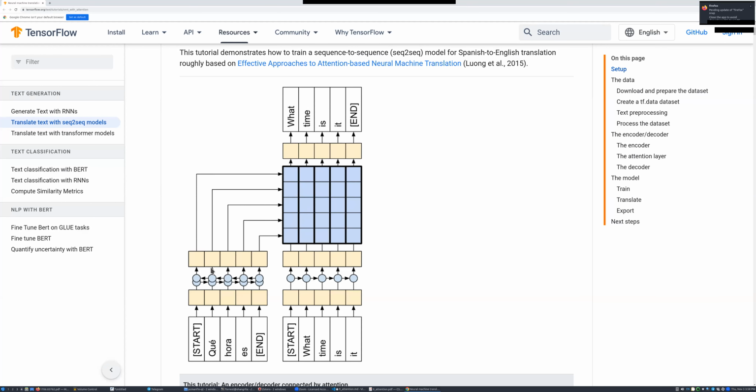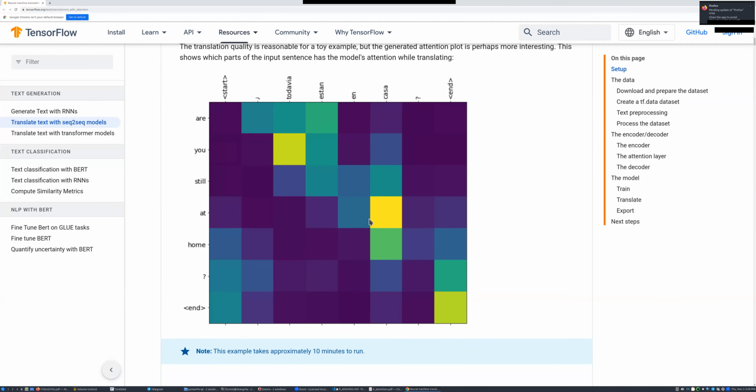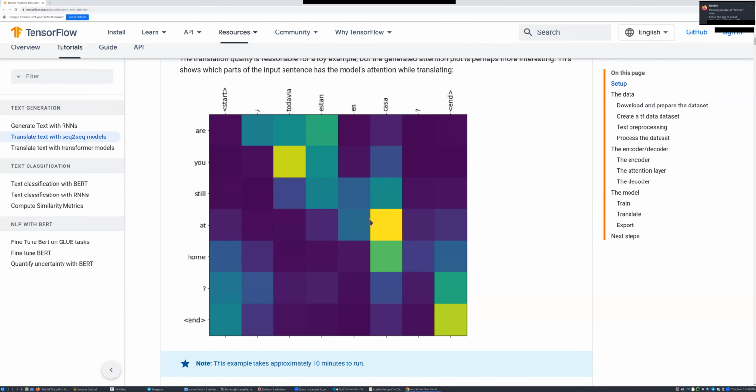And remember, we have self-attention for the encoder and self-attention for the decoder, while what we have here is the cross encoder-decoder attention. So you can see the cross encoder-decoder attention being visualized.